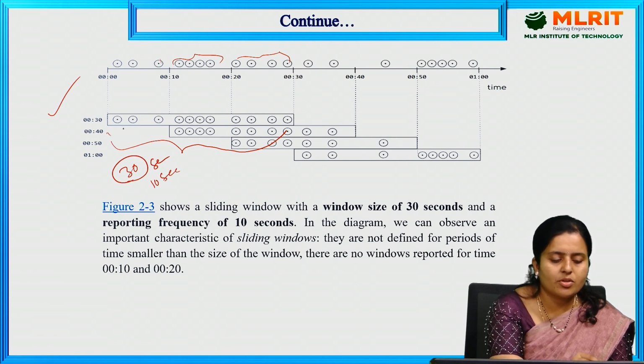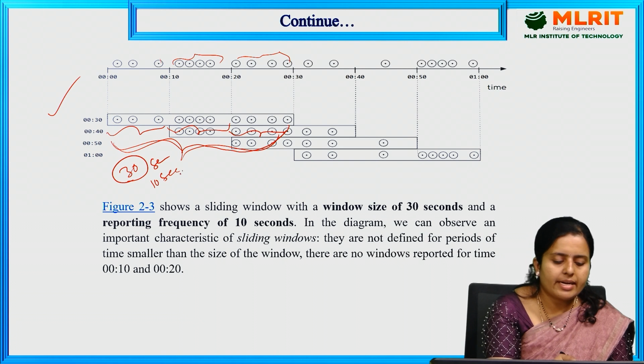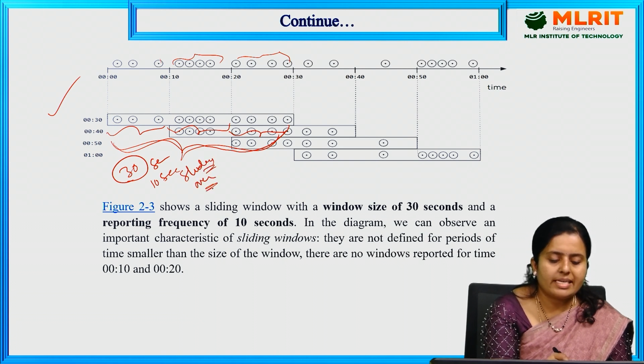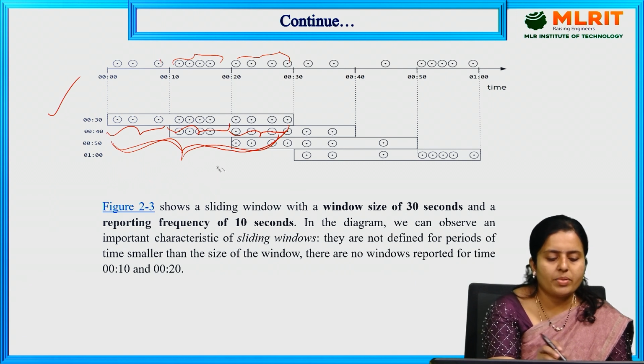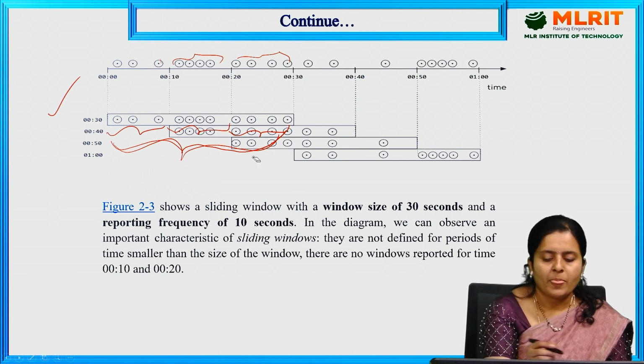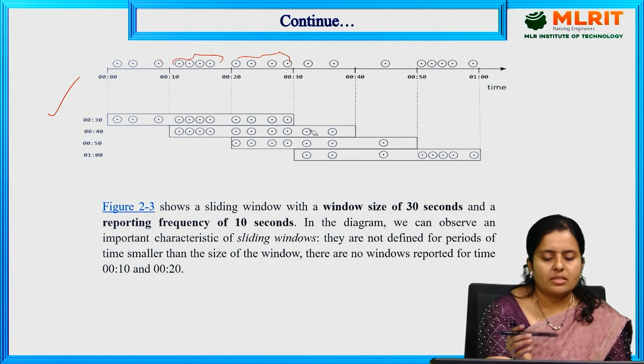From 0 to 10 is one window, 10 to 20 is another window, and 20 to 30 is another window. Collectively we call it a sliding window, and these overlap on each other.